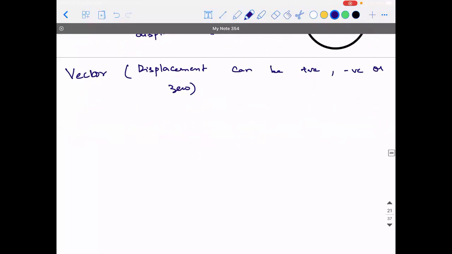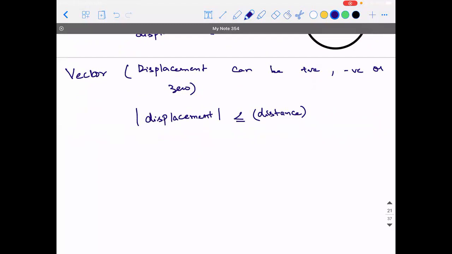Secondly, the magnitude of displacement is always less than or equal to the distance. Why am I using the word less than or equal to? Will it not be always equal to? No, sir.